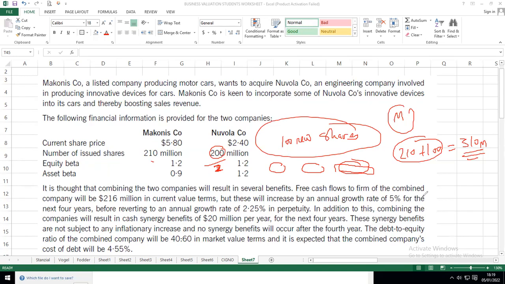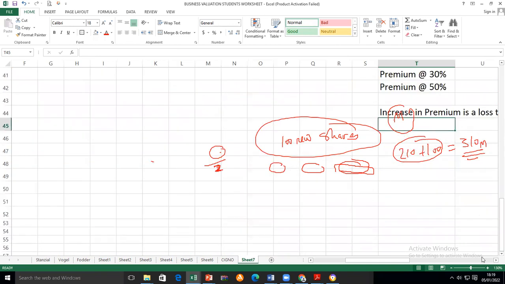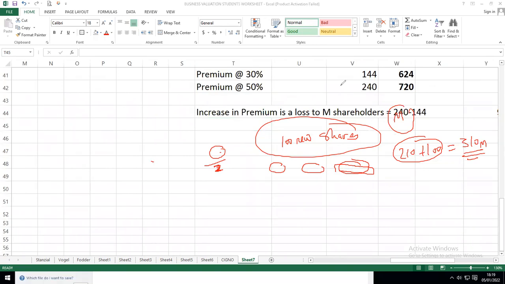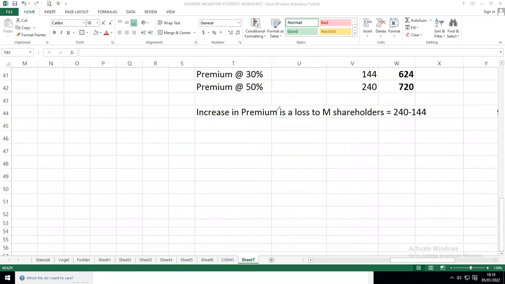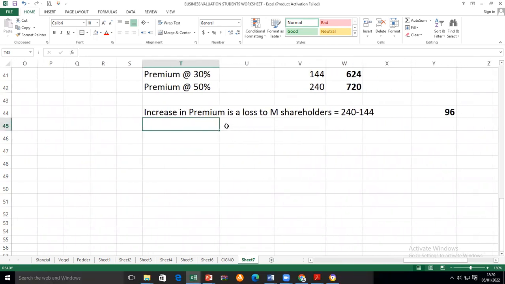So let's now calculate the loss per share. If we increase the premium, there's a loss. The loss of 96 over how many shares?